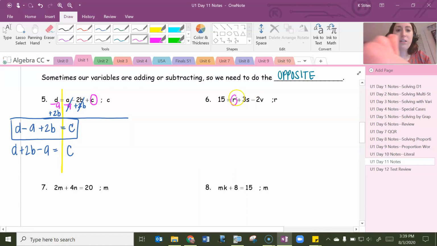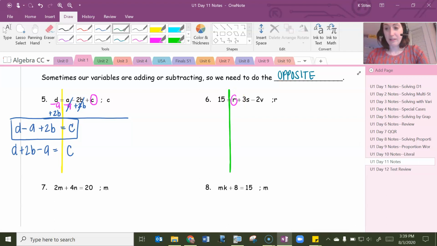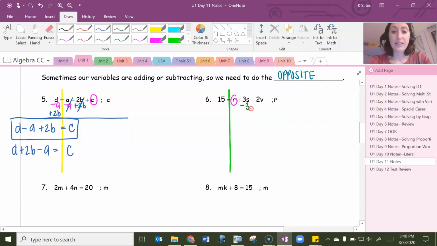R. Okay, so first identify what needs to move away from the R. And it's the 3s and the 2v. Notice they aren't multiplying to the R, they're adding and subtracting. So you're just going to do the opposite. The 3s is a positive, so I will subtract it once on each side.